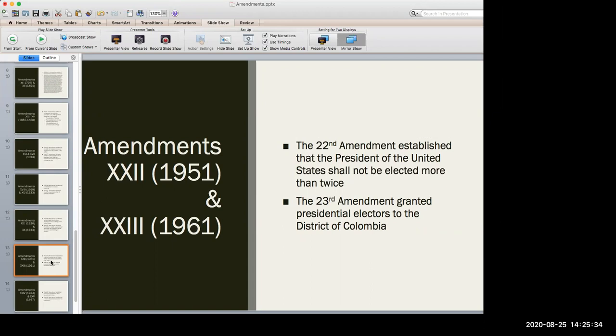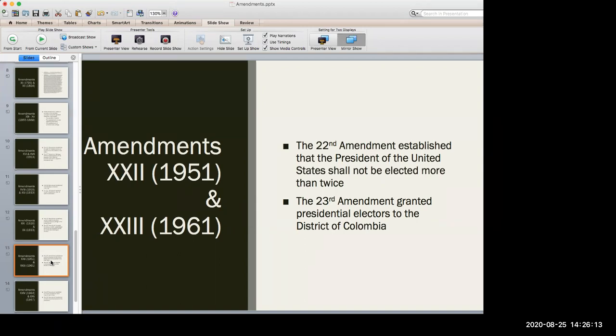It had been kind of a tradition that presidents would only serve 2 terms. Which president broke that tradition? He ended up serving 4, well, 3.5. Yes, he was elected to 4. Yes, FDR. And so the 22nd Amendment established that no president shall be elected more than twice. So you could actually serve more than 2 terms if you were vice president, became president, and then were elected on your own twice.